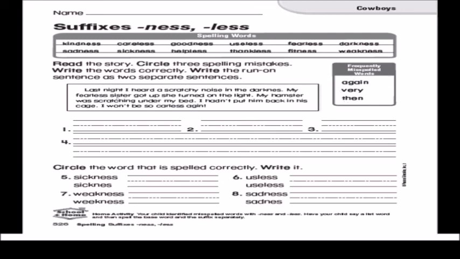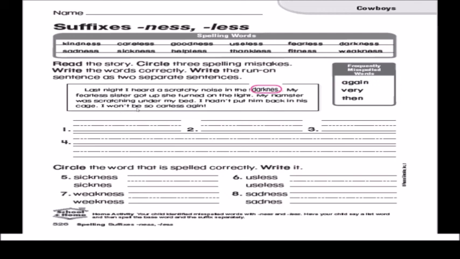Okay, so let's read again and pick up the spelling mistakes. Last night I heard a scratchy noise in the darkness. Ness means N-E-S-S, N-E-double-S. So this is the first mistake. My fearless sister got up and turned on the light. My hamster was scratching under my bed. I hadn't put him back in his cage.